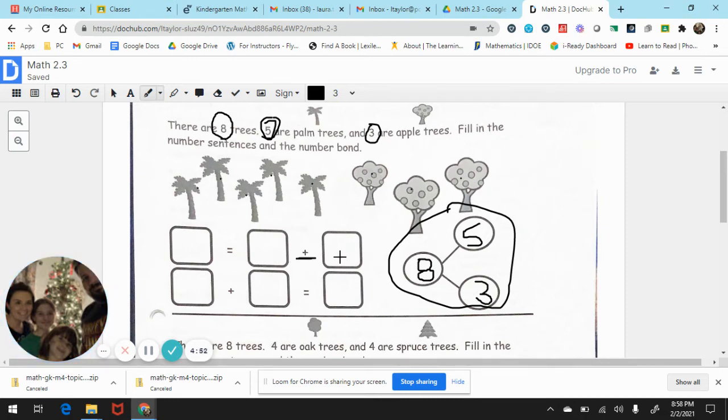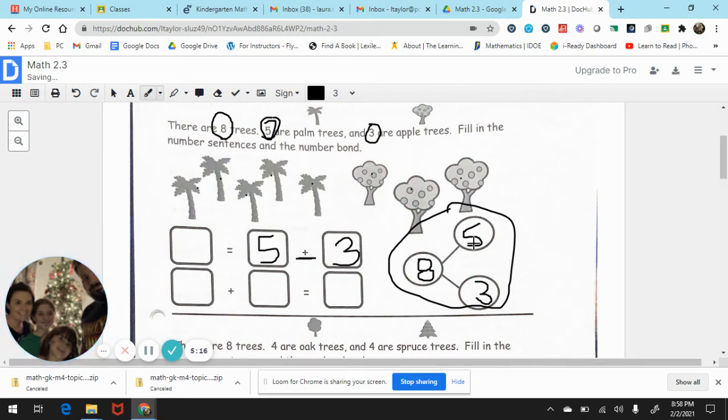These boxes are where my parts would go because I know that 1 part plus 2 parts equals the whole number. So let's look. 5 is one part plus, what's the other part? Good, 3. So 5 plus 3.